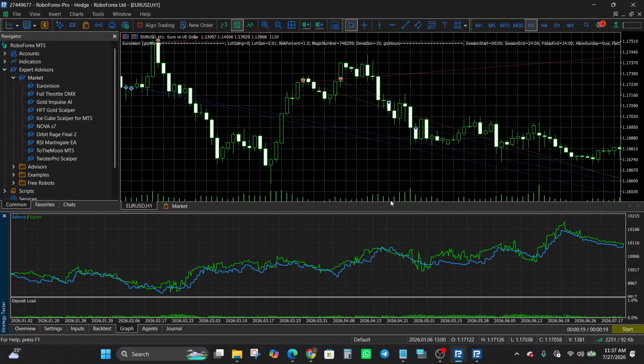Keep in mind that the prop firm protection features were not active in this backtest, so live behavior around daily loss limits would look different. I'm going to recommend testing over a longer period and confirming how the prop firm guards behave specifically in live or demo conditions before relying on them.